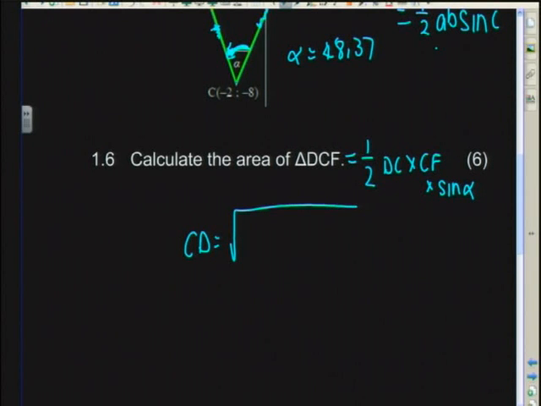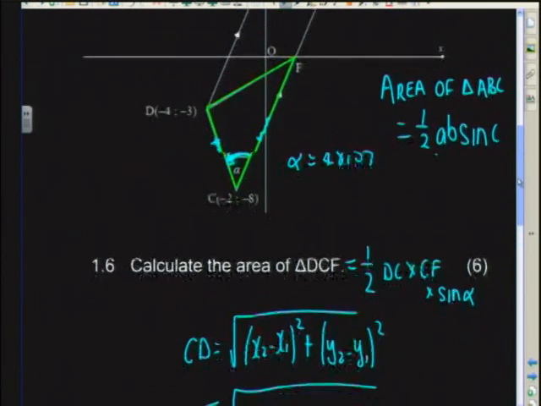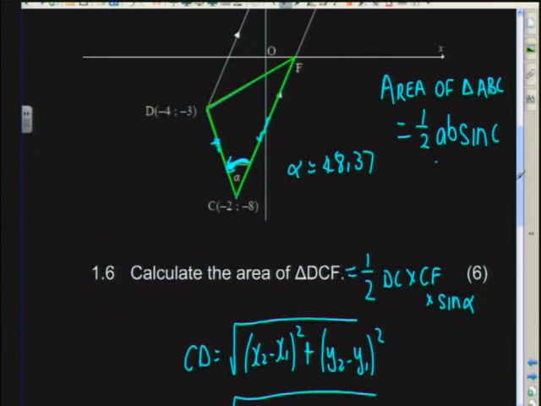It's going to be the square root of x2 minus x1 squared plus y2 minus y1 squared. So if we go to the points C and D, I'm going to say minus 4 minus minus 2.